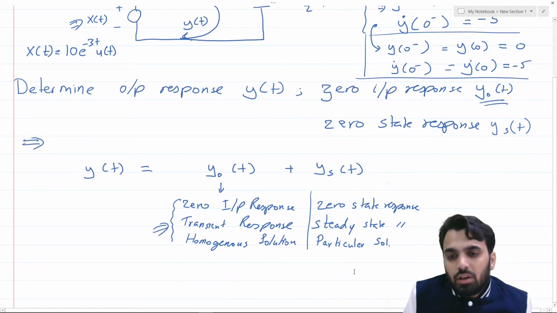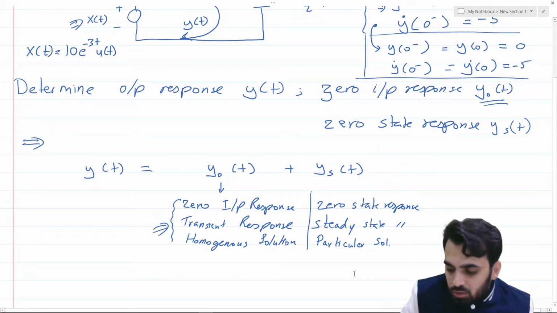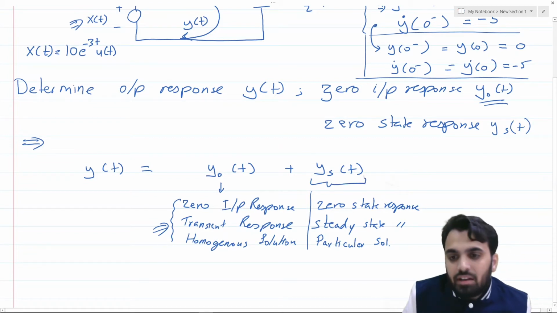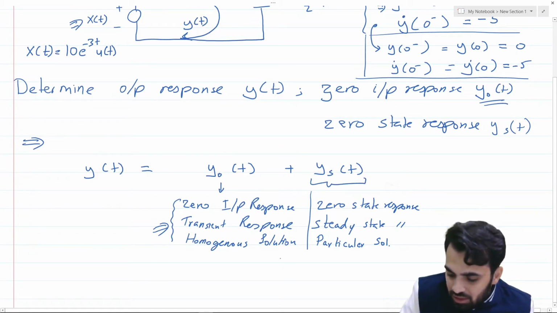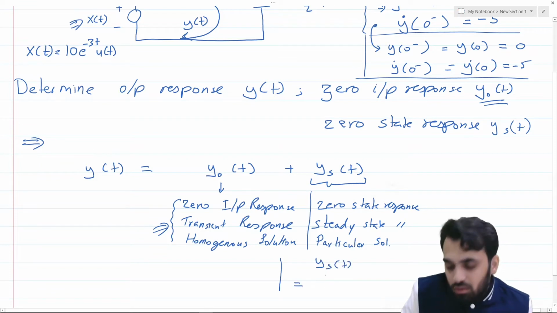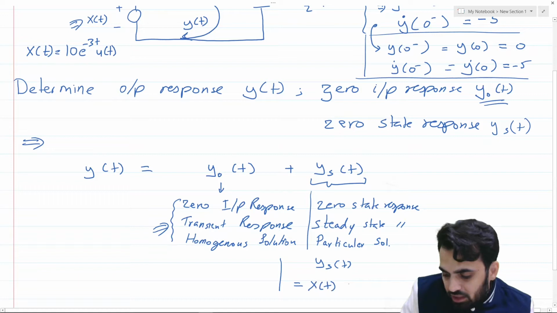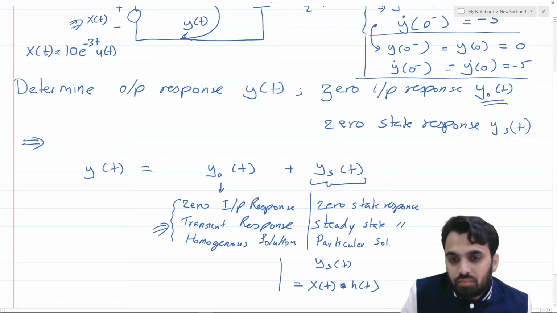In our prior videos on linear time invariant systems, we were not having any initial conditions. In that case, ys(t) was actually equivalent to x(t) convolved with the impulse response h(t), that is in the absence of initial conditions.